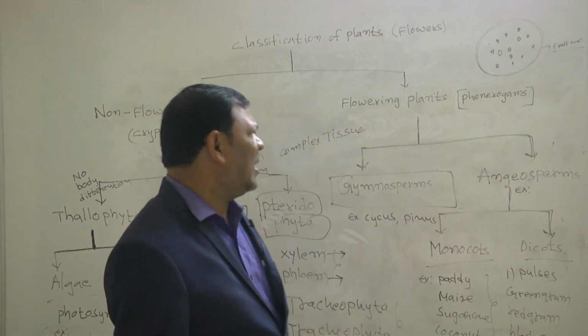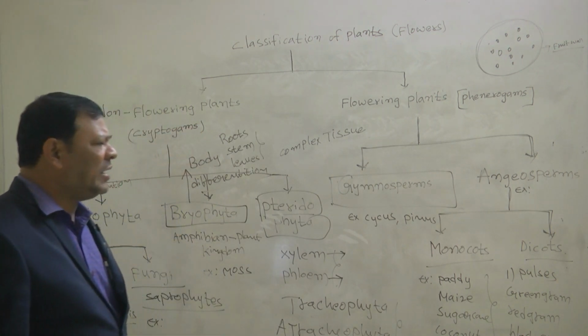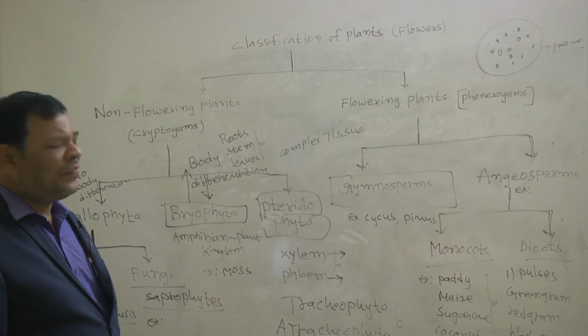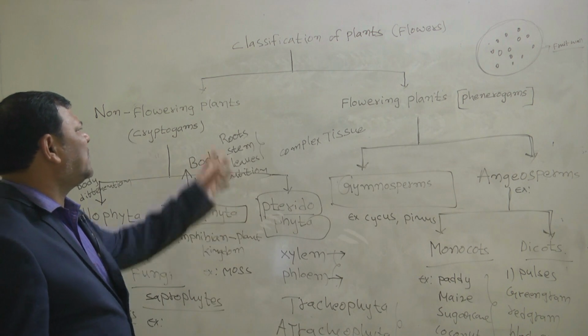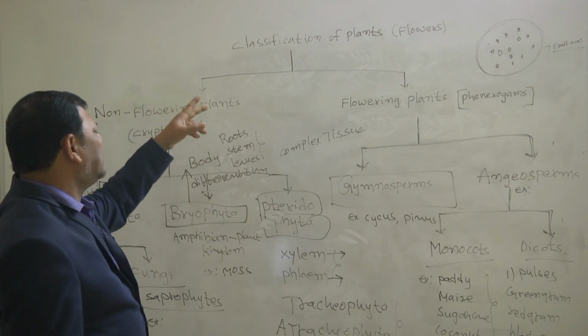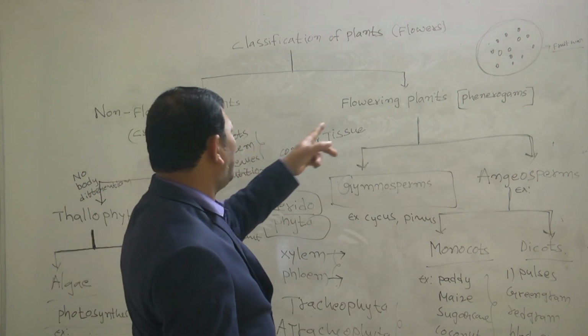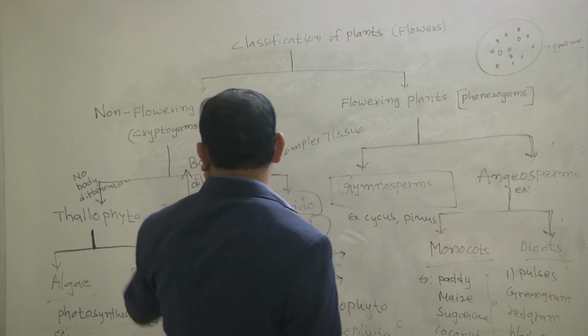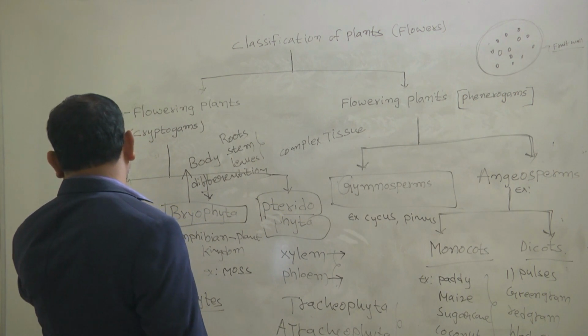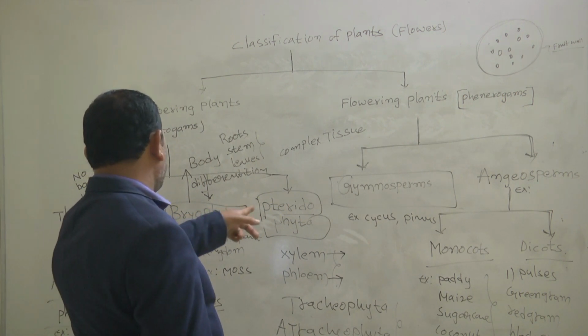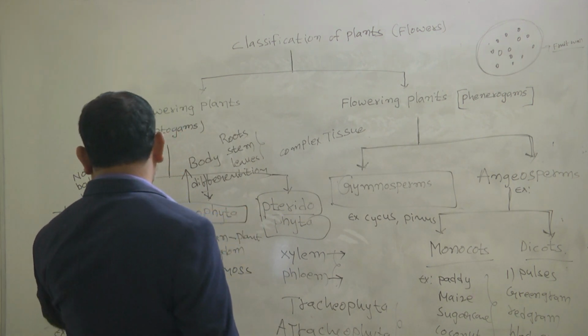Here my ultimate point is, before going to the classification of the plants based on the flower: non-flowering plants are cryptogams, flowering plants are phanerogams. Non-flowering plants: Thallophyta, Bryophyta, Pteridophyta.